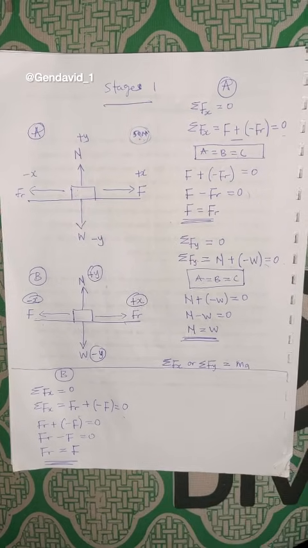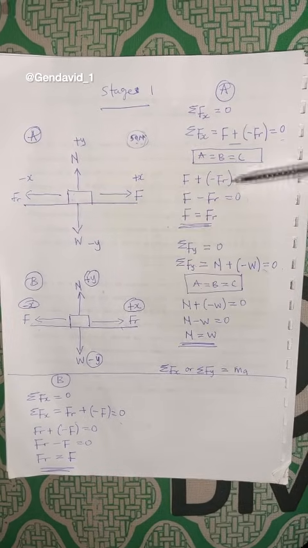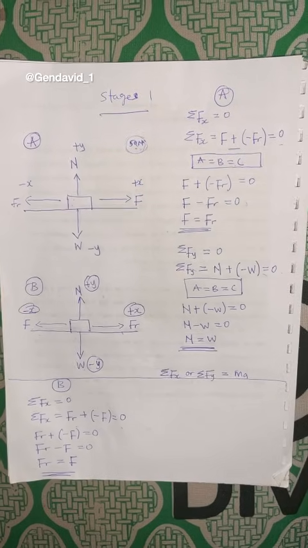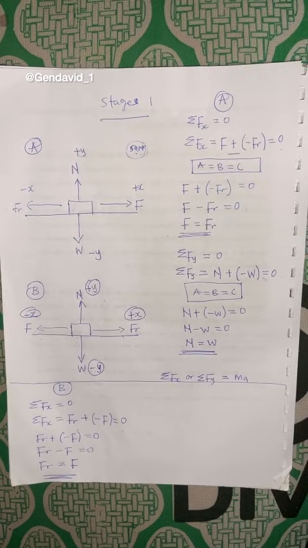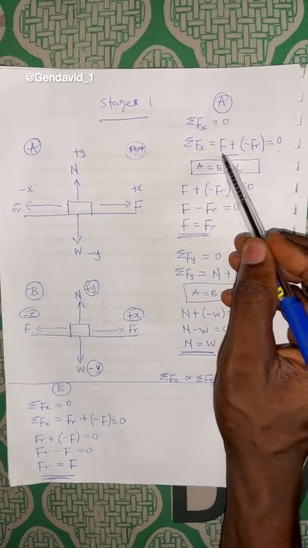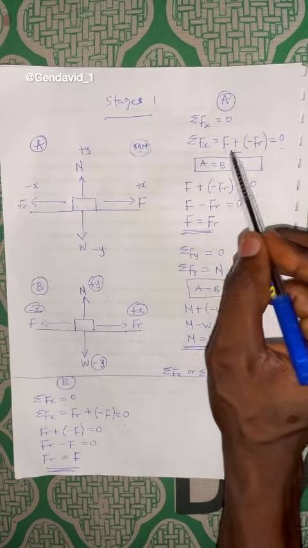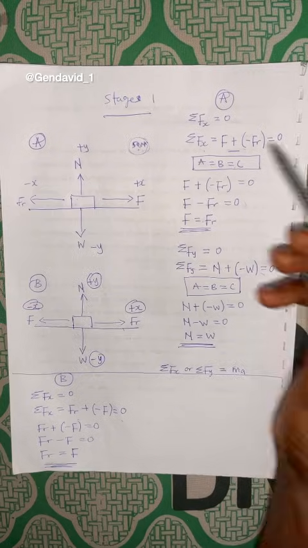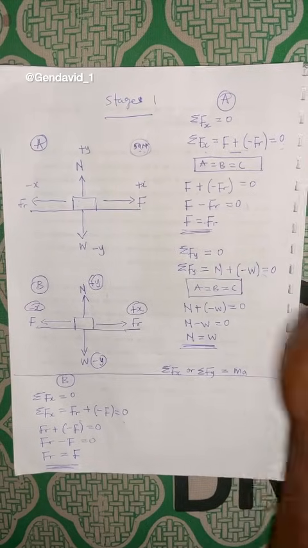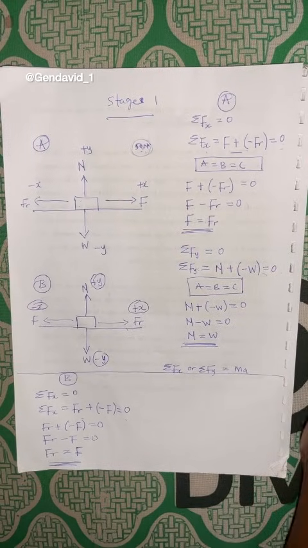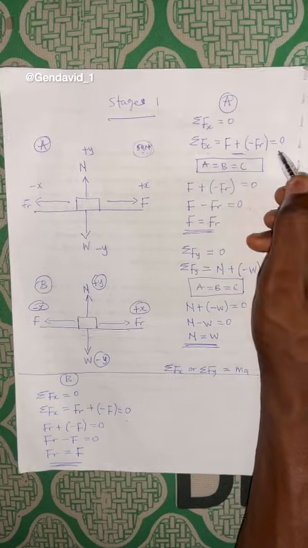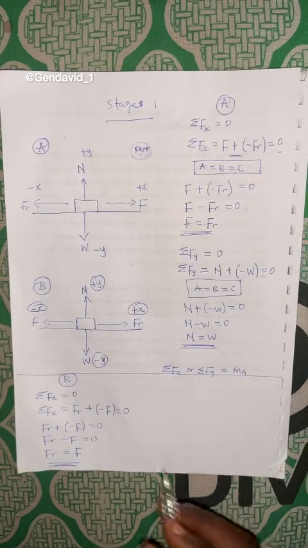MA. Is equal to MA. So in some situations, let me use this one for instance, they can ask you to find acceleration. So I will not say this is equal to 0 now. I'll say summation of the Fx is equal to this side. So if I say that summation of the Fx, okay, let me take that as a new chapter. So I'm taking B and C here, that is this one and this one first.